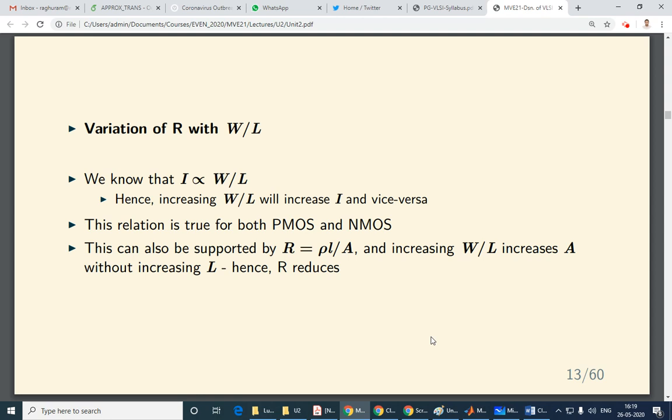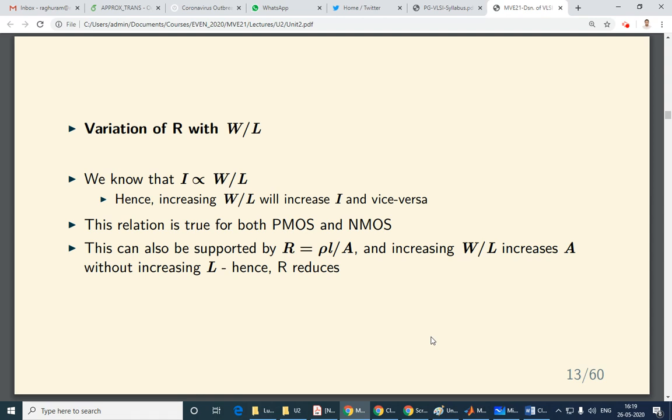So for that we can get it in a few ways. One way to do it is to remember that the current equation has a term W by L, and the W by L term is directly proportional to the current, which means that if I double the W by L, for everything else staying the same, supply voltage, etc., the current is going to double.